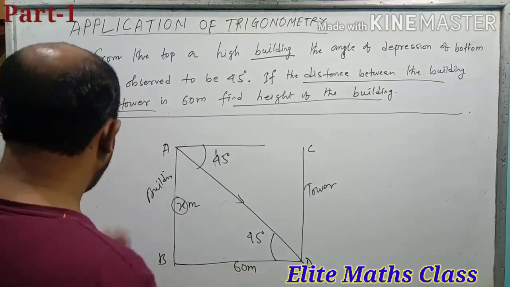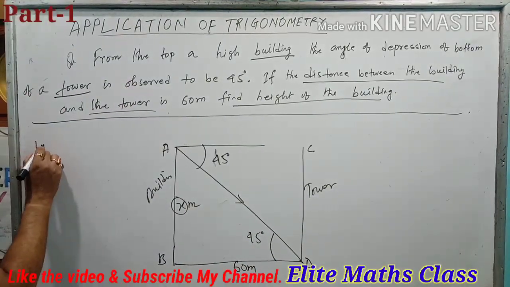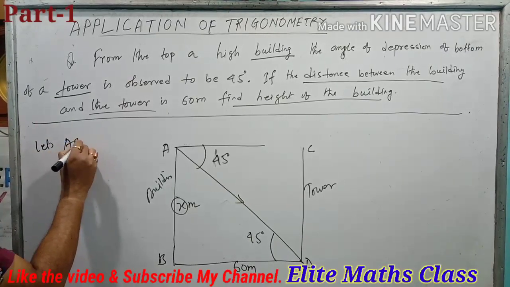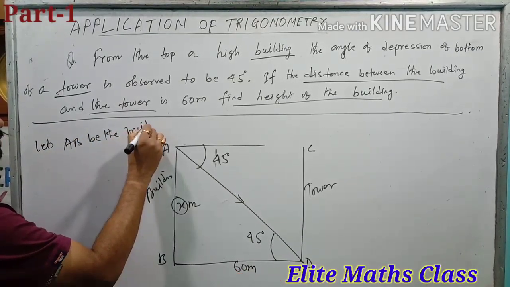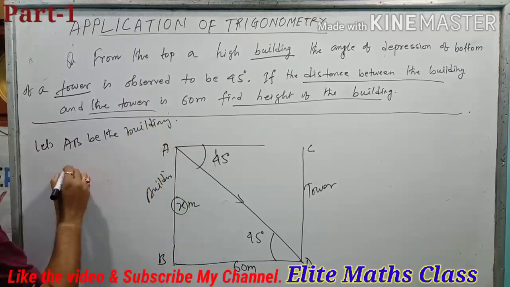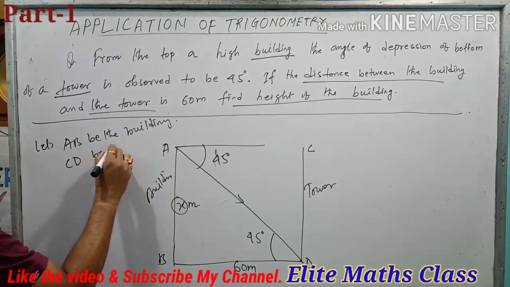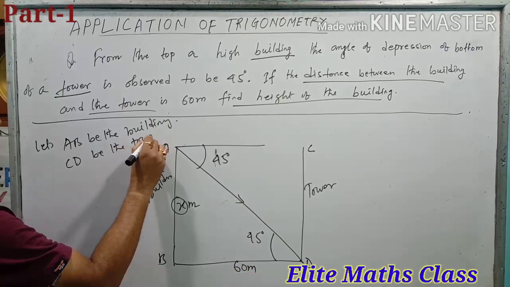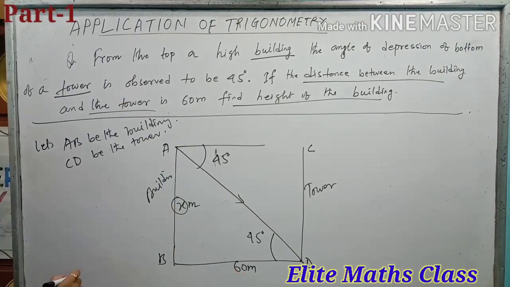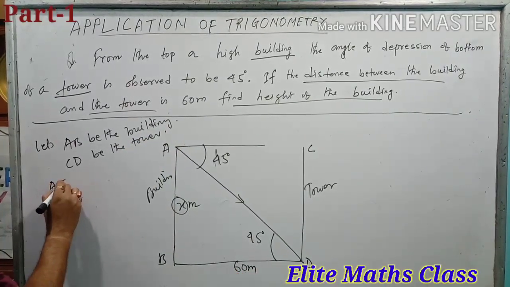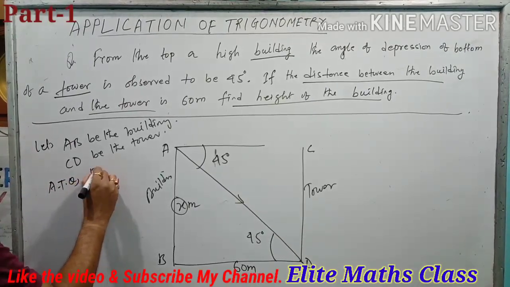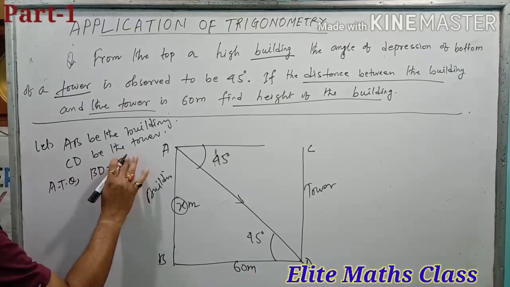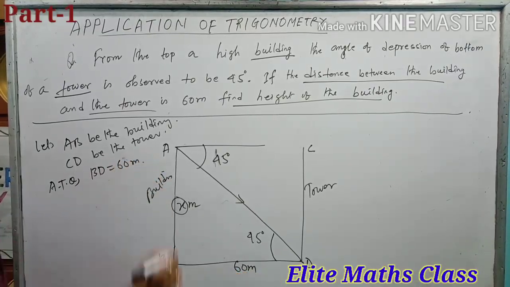Now see the writing style of the answer. Let AB be the building, CD be the tower. Given, or you may write ATQ, BD equal to 60 meter.